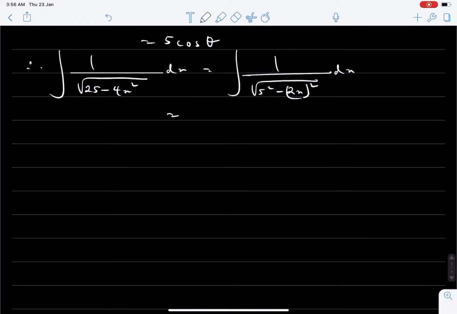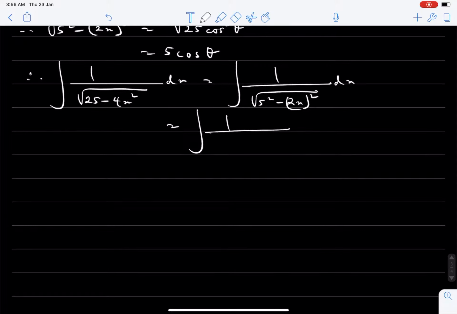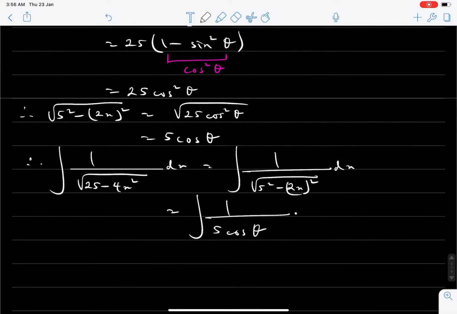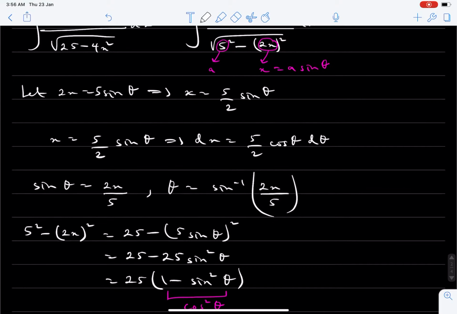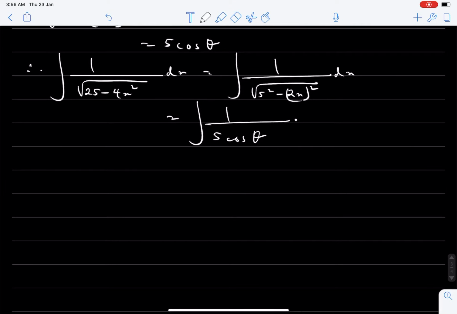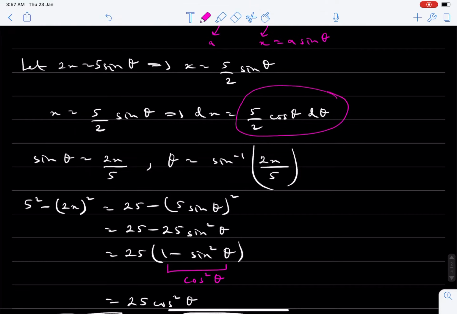We already found that the square root of 5 squared minus 2x squared by our substitution is the same as 5 cos theta, and then multiplied by dx. Please note, dx is the same as 5 over 2 cos theta d theta.